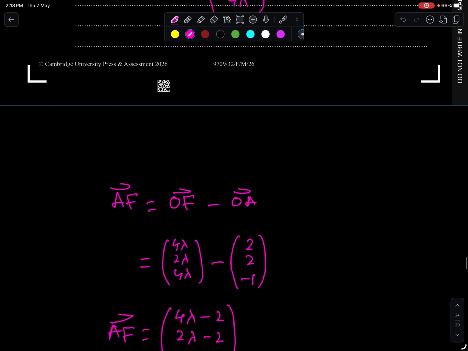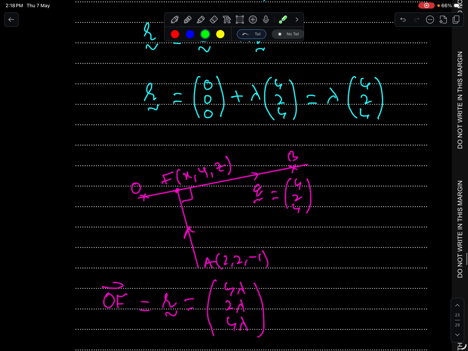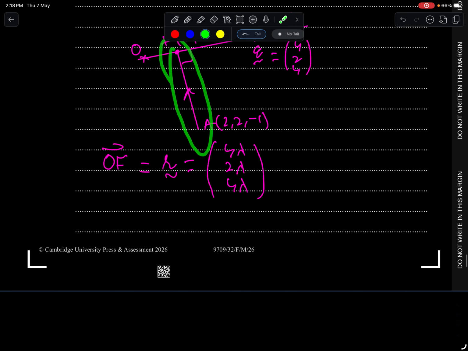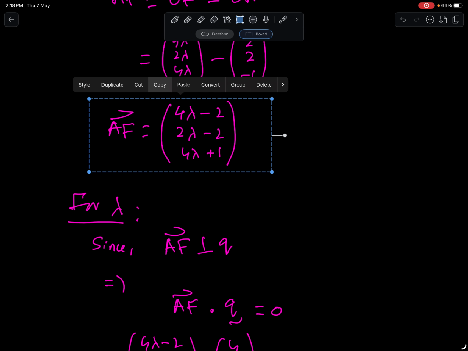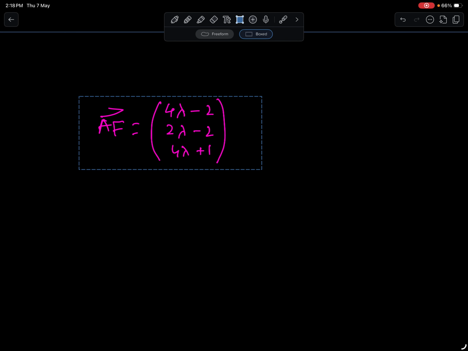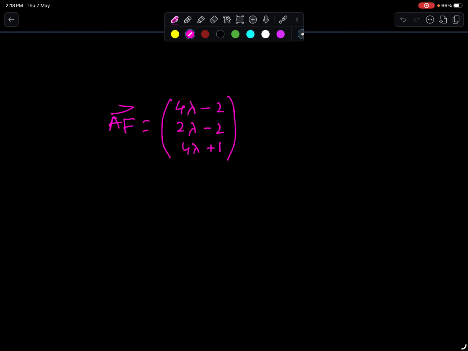Now we need AF, the shortest distance. We need this distance, so we need the AF vector. This is the AF vector. Substitute lambda here. Therefore AF is 8 upon 9 minus 2, I'm writing directly, minus 10 upon 9, minus 14 upon 9.